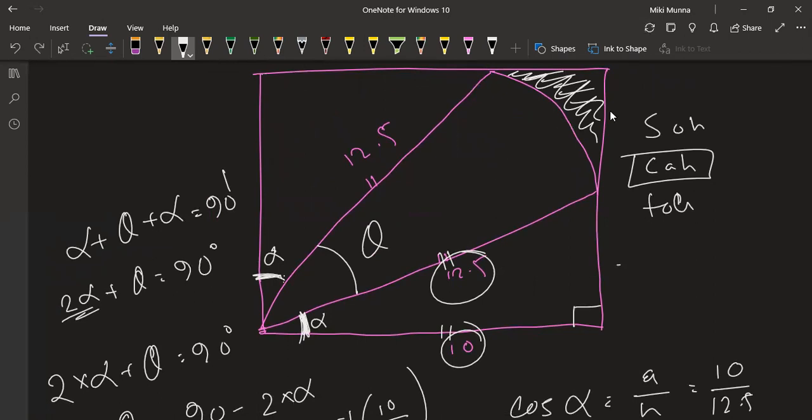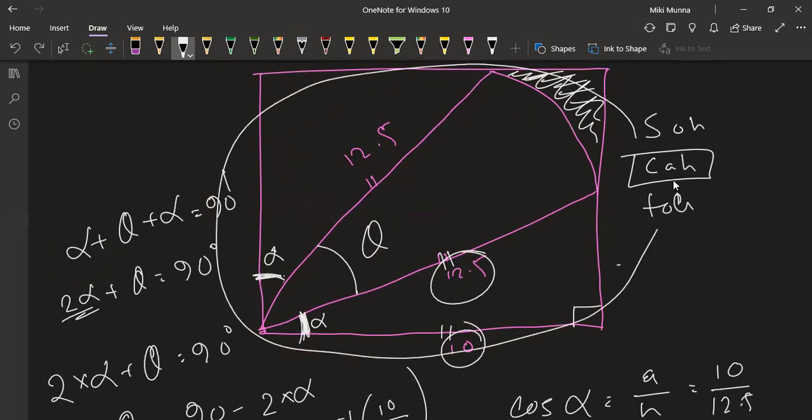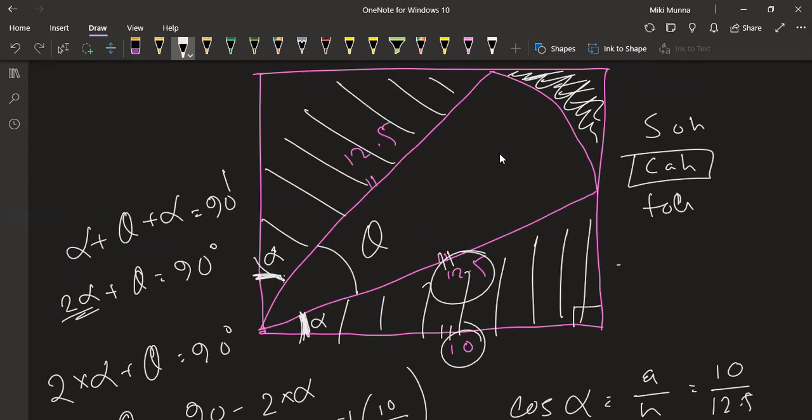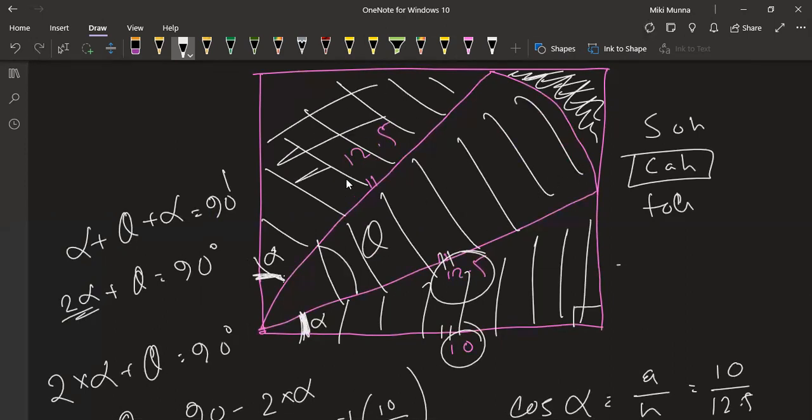If we find the entire square, what do we need to subtract from that square? We have this triangle, so we can subtract the area of the triangle. We have another triangle, and we can subtract that area from the square. And we also have this sector area. So if we subtract the triangular areas and the sector area, we could get this shaded region, isn't it?